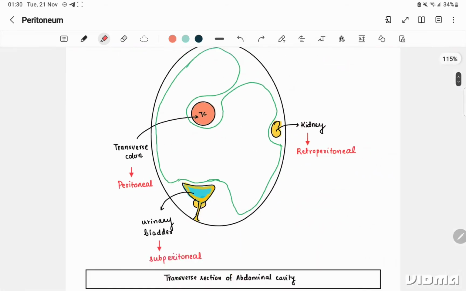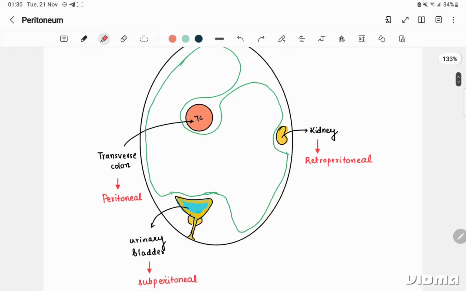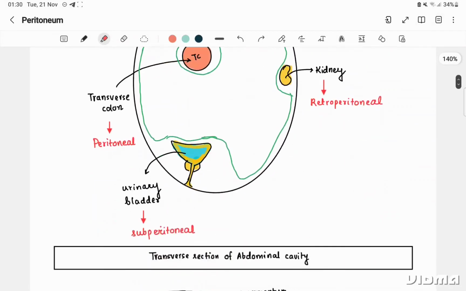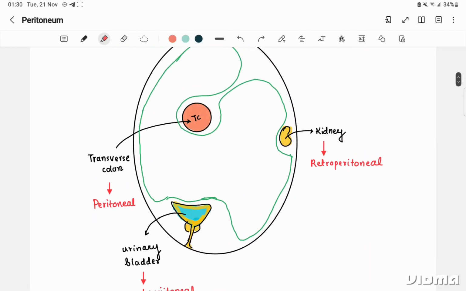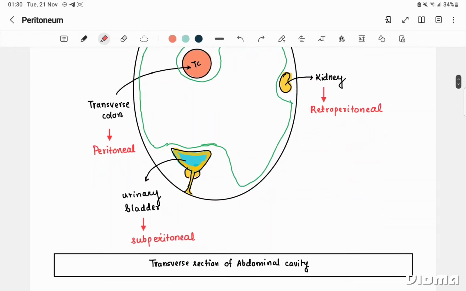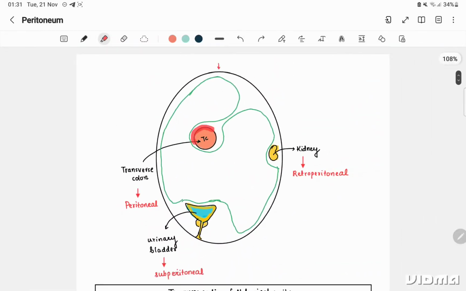And how can you see which structures are subperitoneal, retroperitoneal or peritoneal? We can look at it like this. We have your transverse colon. Transverse colon is peritoneal, so the peritoneum is covering the whole part. If it is a retroperitoneal structure, the covering is only on one side. This part is not covered.